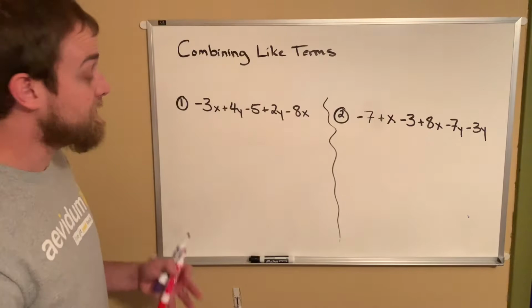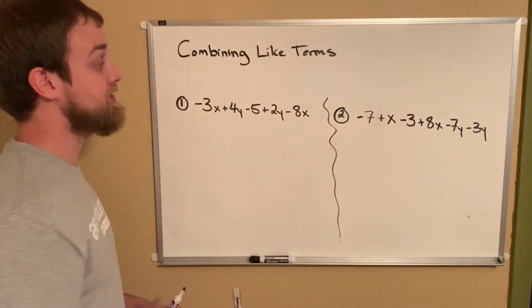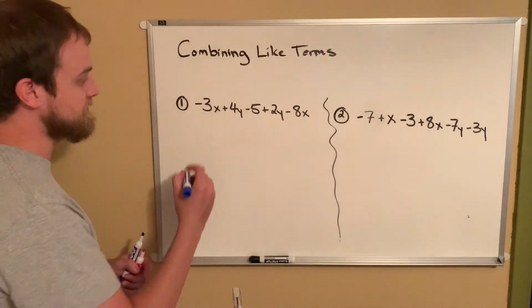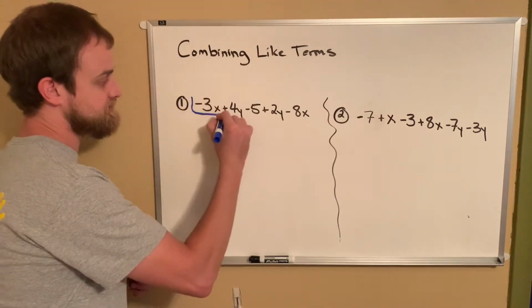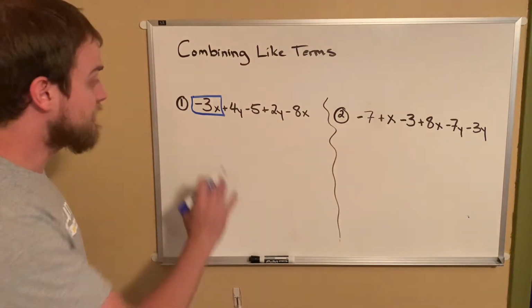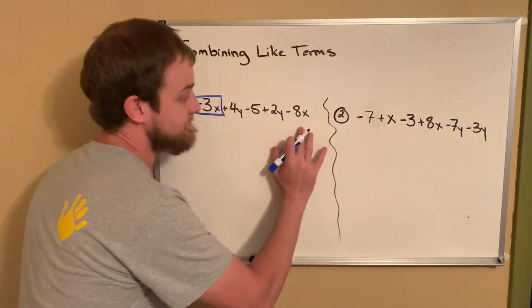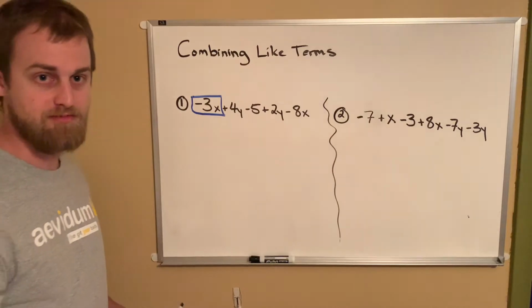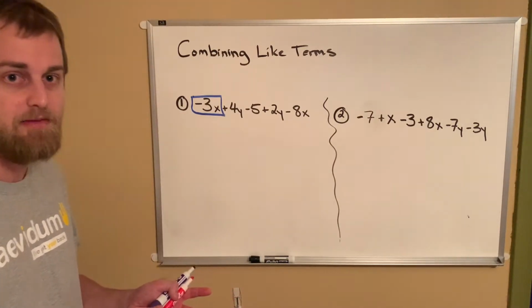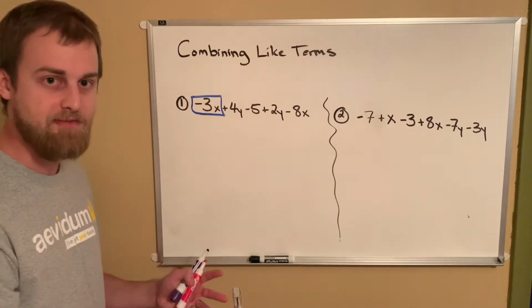What we have to do is look through our expression and find like terms. What I like to do is put a blue box around my very first term, no matter what it is. Then I look through my expression for any other like terms. Remember, like terms normally share the same variable makeup, so they kind of look the same.